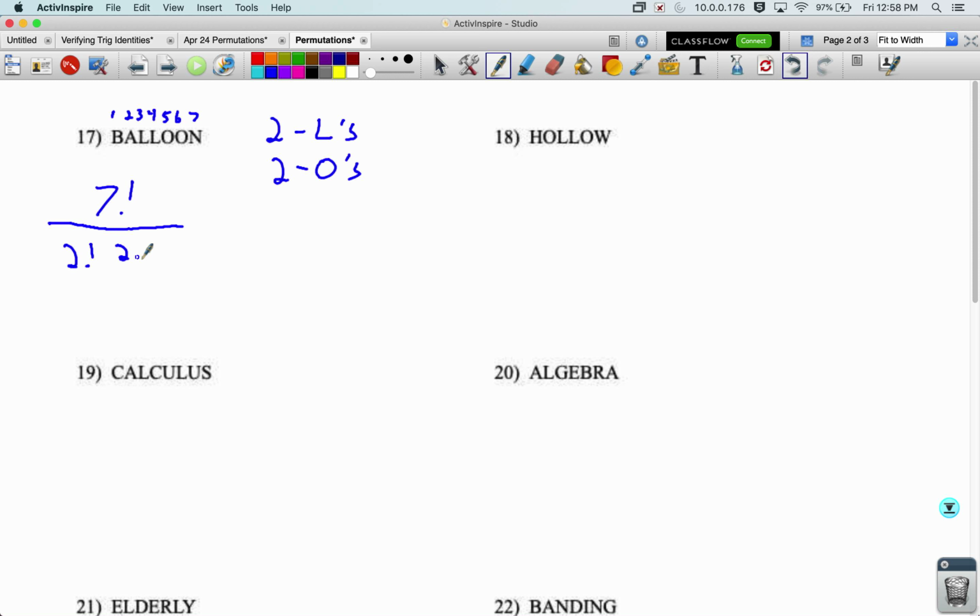And 2 factorial for whenever the O's swap positions. So this is for the L's, this is for the O's, and this is for all the letters.